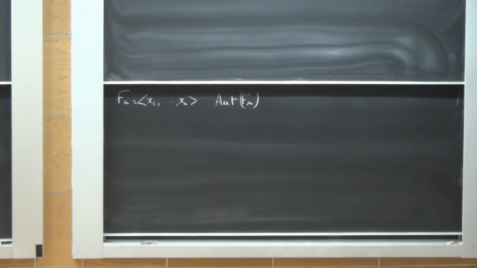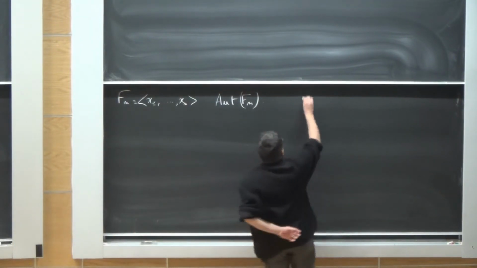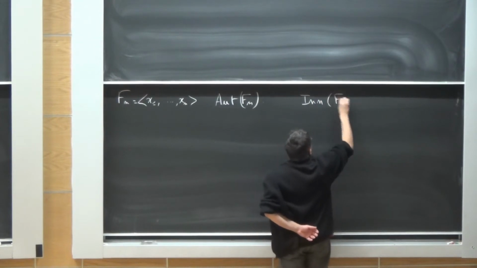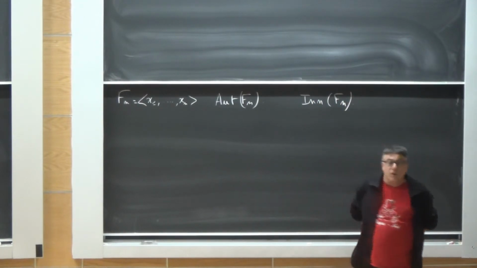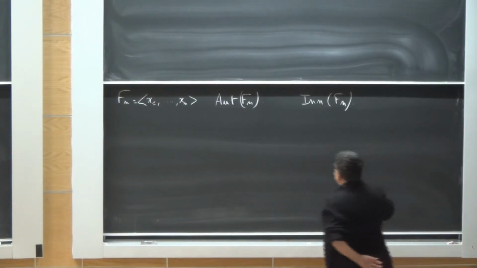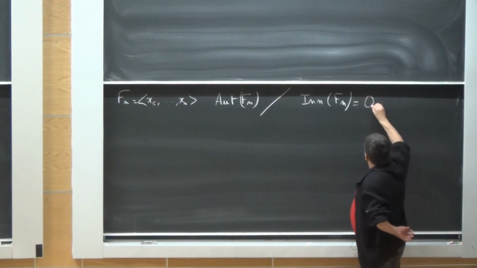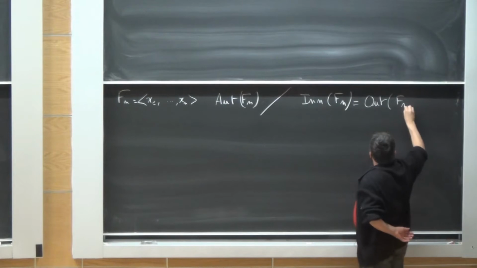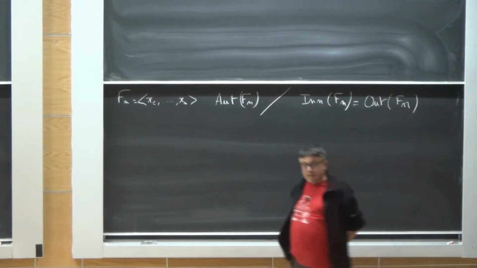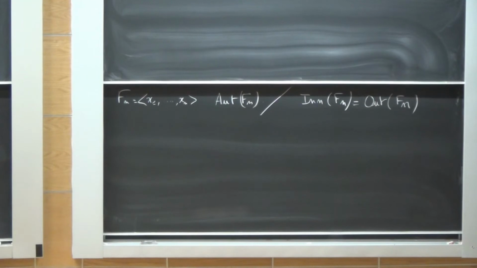Those consist in multiplying each element by, say, gamma inverse. Okay, these are called the inner automorphisms. And this is a normal subgroup in Aut, so that you can divide out, and what you get is the group of outer automorphisms.